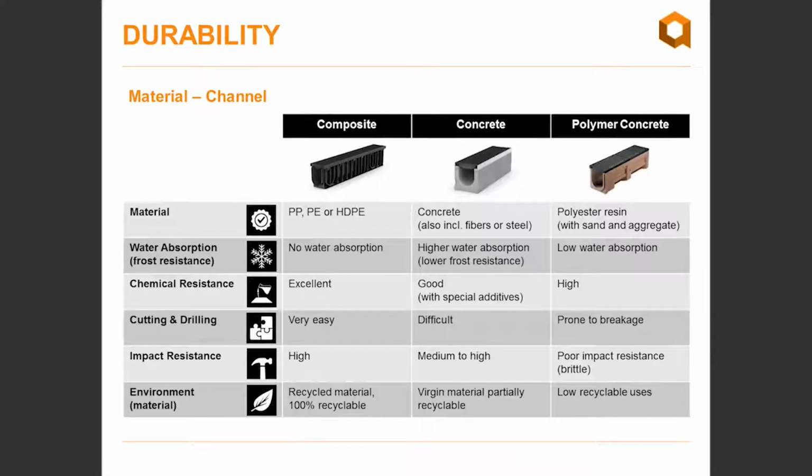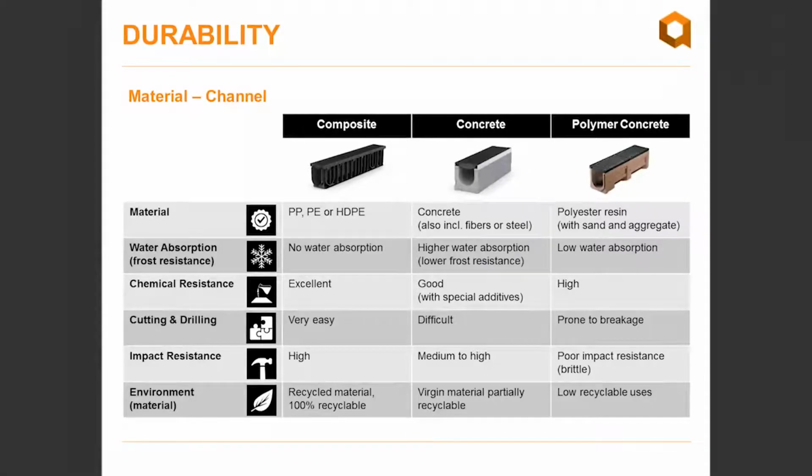For chemical resistance, composites are highly resistant to numerous chemicals, so they have an excellent chemical resistance. Concrete has a good resistance, but may need some special additives depending on the chemicals, and polymer concrete has a high resistance.